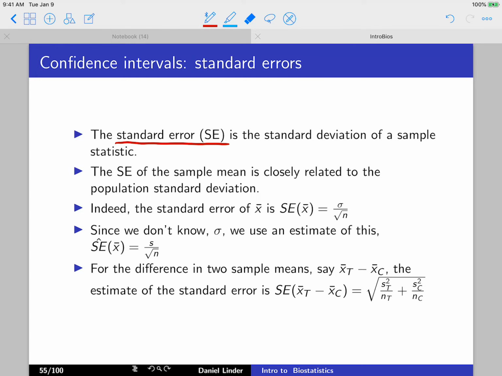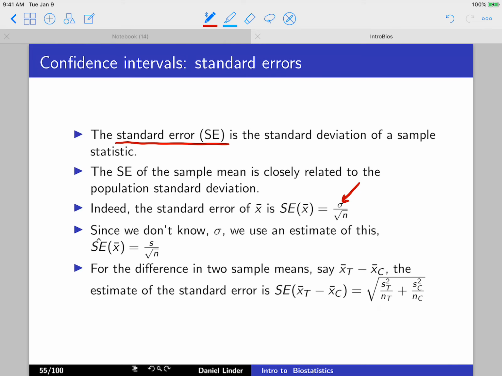Okay. Now, unfortunately, we typically don't know what the population standard deviation is. If we don't even know what the mean is, we're typically interested in doing inference about the mean. So if we don't even know what the population mean is, we probably don't know exactly what this population standard deviation is either.